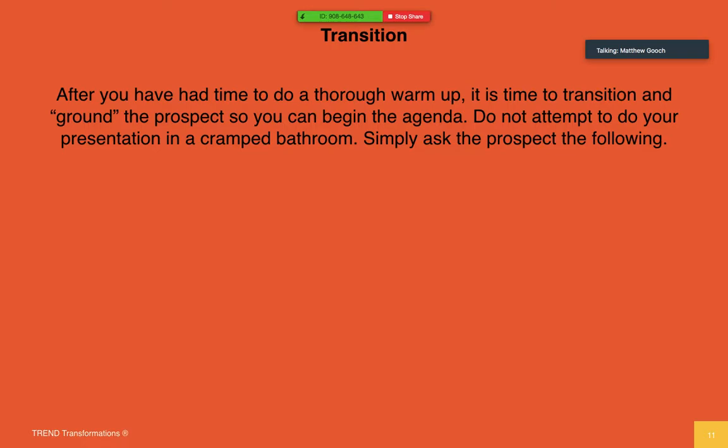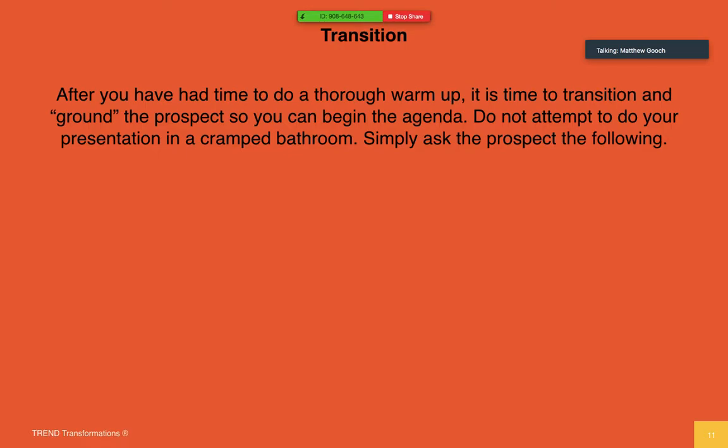The transition. So after you've had time to do your thorough warm-up, this is the appropriate time for you to transition and ground your prospect so you can begin the agenda. You don't want to attempt your presentation in a small, cramped space. So if they've got you looking at a bathroom or vanity project, certainly you don't want to do your presentation there. So it's important that you try to ground them somewhere that is conducive for an appointment.